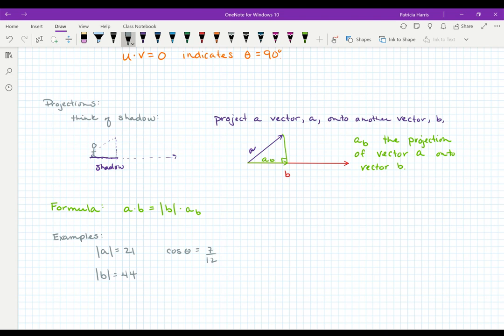Okay, so we want to find the scalar projection of A onto B, and A dot B. So we want to find A sub B. Okay, and then we want to find the dot product.